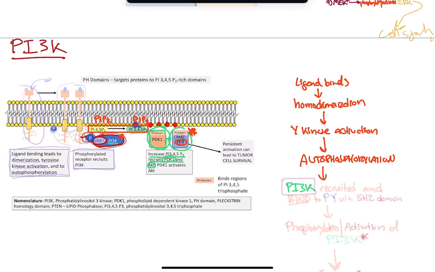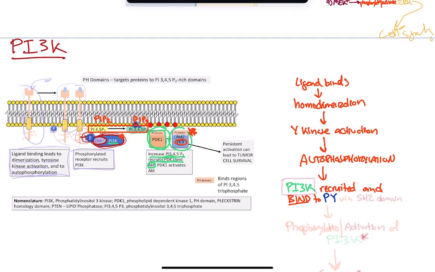PI3K is going to be recruited and bind to our phosphotyrosines, on either the receptor or, in the case of insulin, on the IRS1, right?